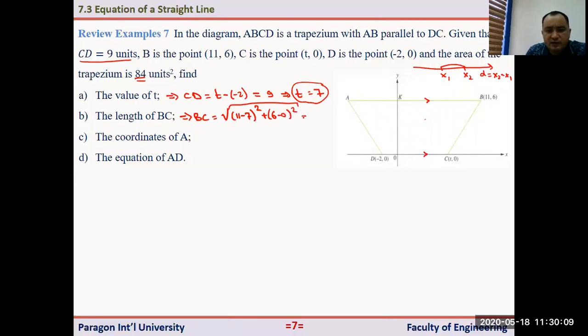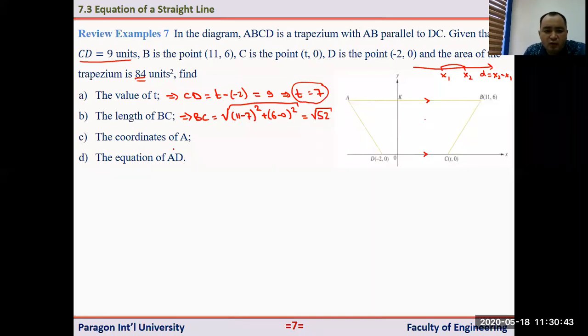Now we just need to simplify this. 11 minus 7 is 4, 4 squared is 16, 6 squared is 36. 16 plus 36 is equal to 52. Square root of 52. Okay, so the length of BC is square root of 52.